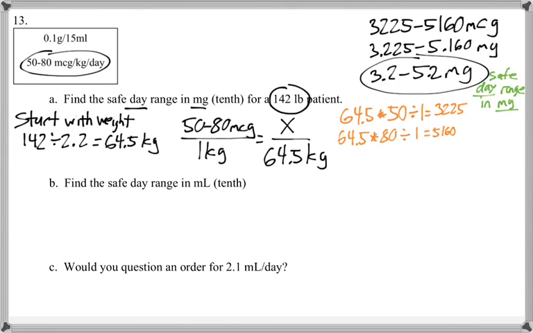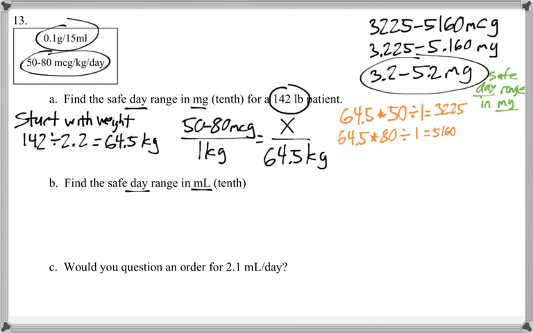Next, they want us to find the safe day range in mLs. So it's still a day range, but they want it to be in mLs. We have the day range, but our day range is in milligrams. So it's in powdered form, and we need to convert it to the liquid form.